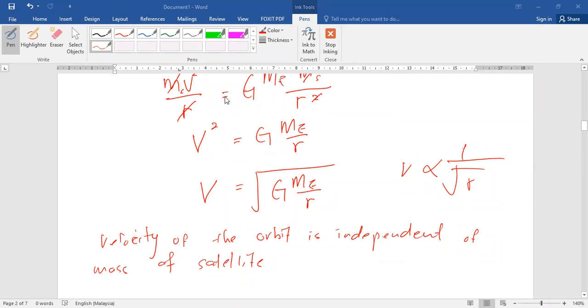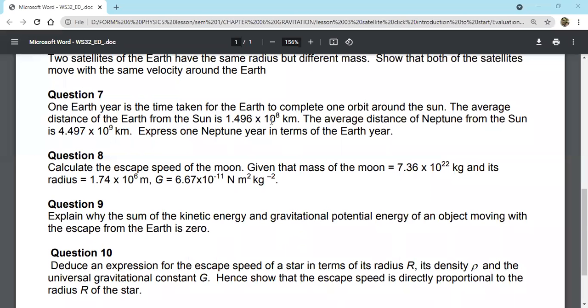Okay, question number 7. Let's move to question number 7. One Earth year is the time taken for the Earth to complete one orbit around the Sun. What is meant by one Earth year?